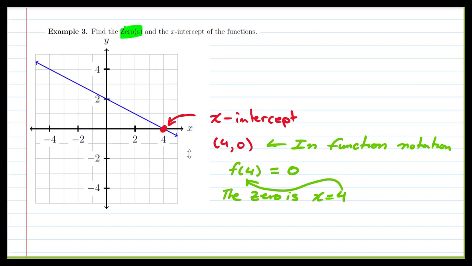So our zeros and our x-intercepts are exactly the same. It's just two different ways to talk about the same point. One of them is the ordered pair on the graph, and the other one is in function notation in terms of the input. So our 0 is the input, which is 4, that when I put it in, my output is equal to 0. So when we say a 0, we're really talking about the output.